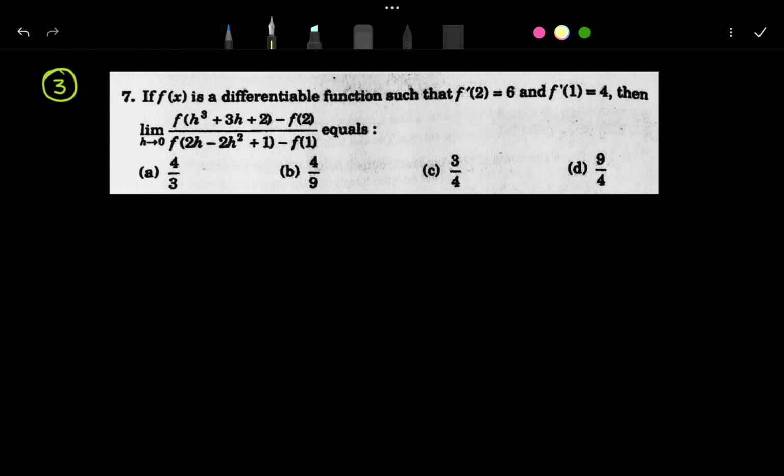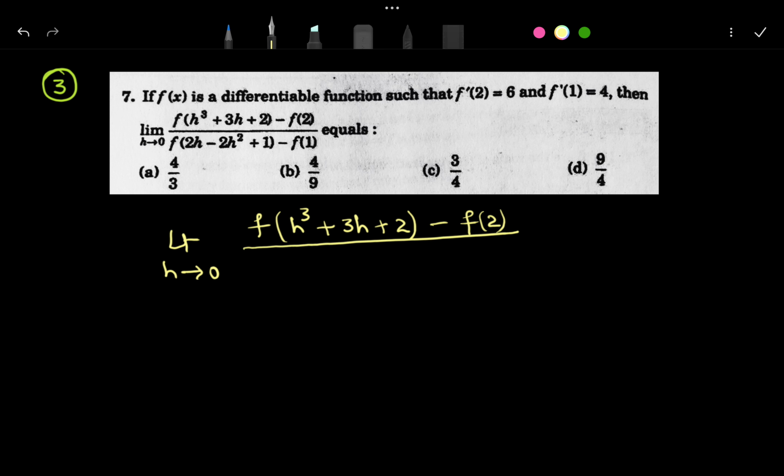You take this value, it will be limit h tending to 0, f of h power 3 plus 3 into h plus 2 minus f of 2, whole divided by f of 2h minus 2 into h square plus 1 minus f of 1.